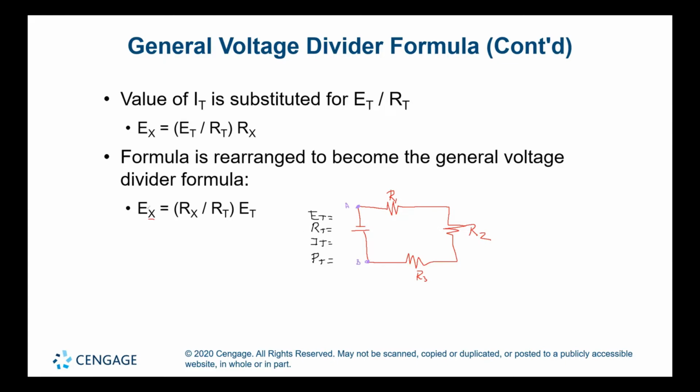Now, going back to this formula, let's give some random values to this. Let's say that R1 is equal to 10 ohms. Let's say that R2 is equal to 20 ohms. And let's say that R3, I just want to keep things very simple, okay, is equal to 30 ohms.